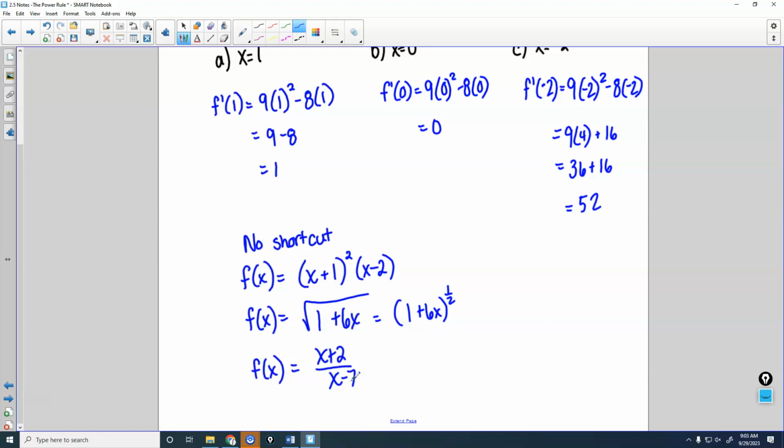Other than the questions that AP words as limit definition, we are going to learn rules for doing almost every derivative, but these are ones that we don't know yet. This is only going to apply if you can write it as x raised to a power, right? If we can get it to be written as x raised to a power, then we can use the shortcut rule. And this particular shortcut rule, the name of it is the power rule. There will be other shortcut rules that we will learn next week.